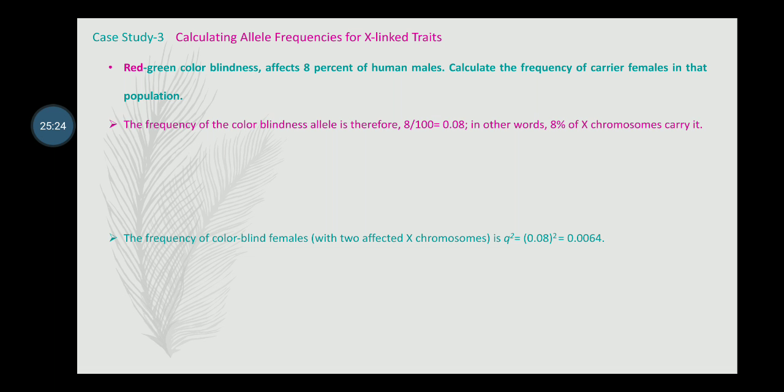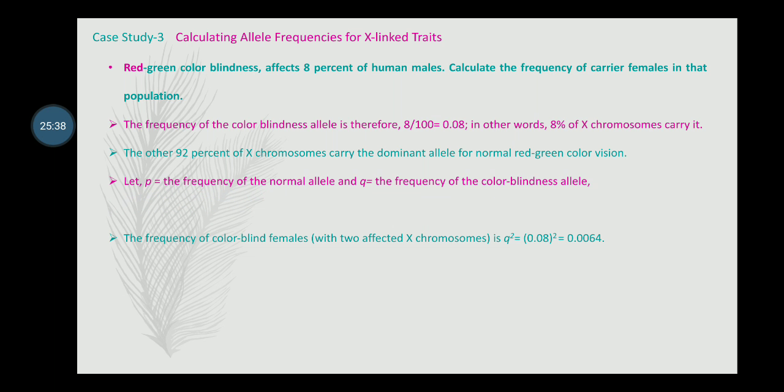In other words, 8% of X chromosomes carry the mutated allele. In the other 92% of X chromosomes, the dominant allele is present. Let P be the normal dominant allele and Q be the colorblind allele. Now, the value of P is 0.92, that is 92%, and the value of Q is 0.08, that is 8%.